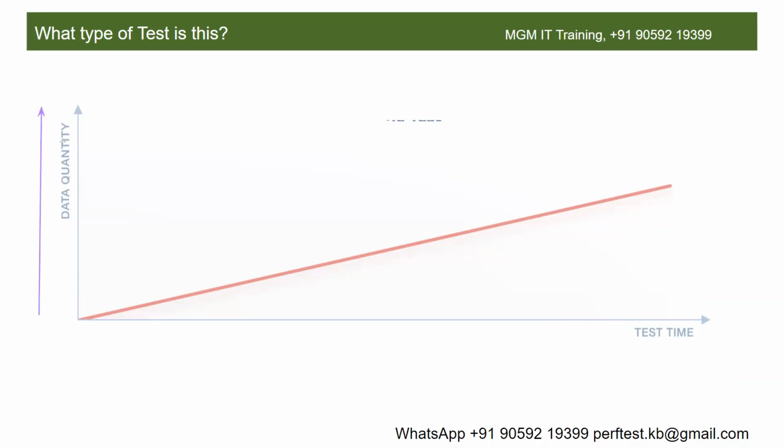So how is the application behaving when the data is increasing, when the number of records in the database is increasing. That's what it is. So this graph represents a volume test.